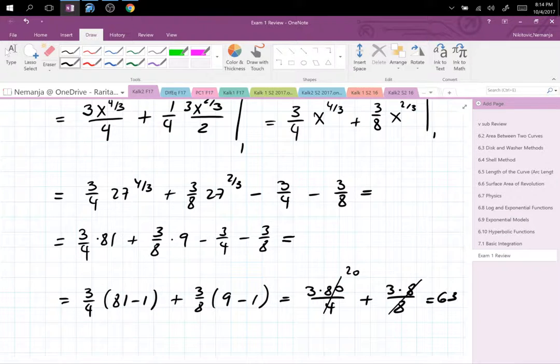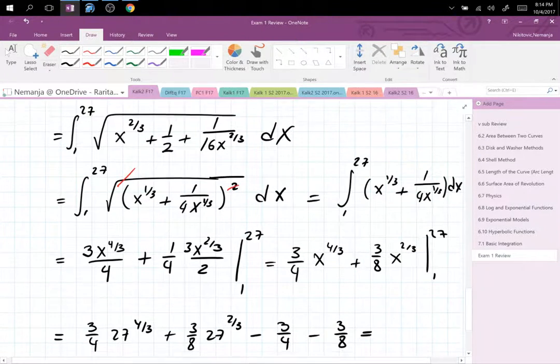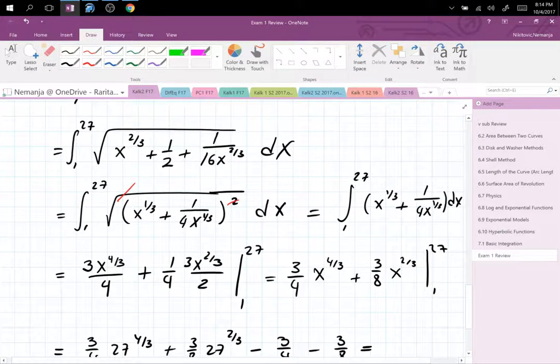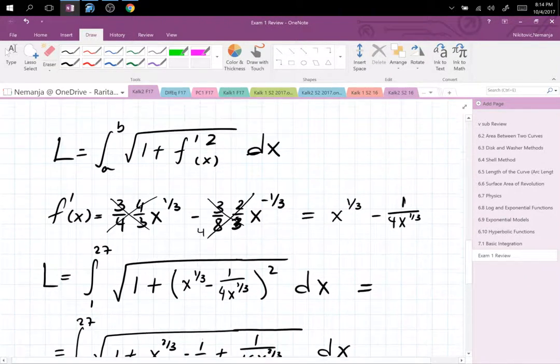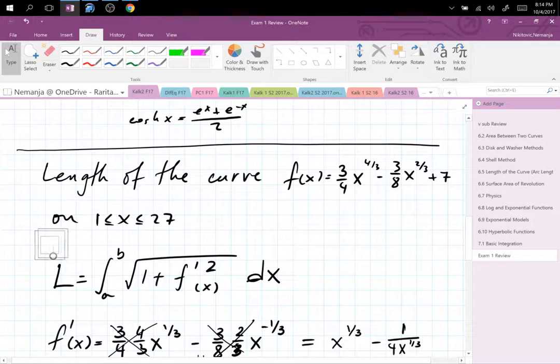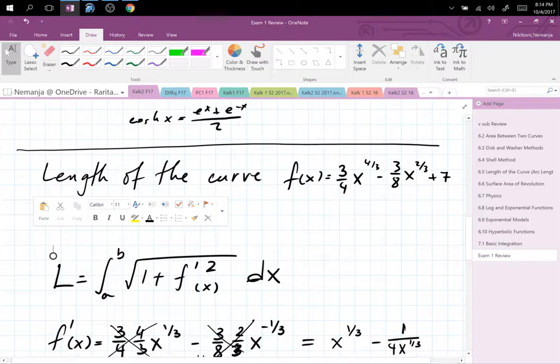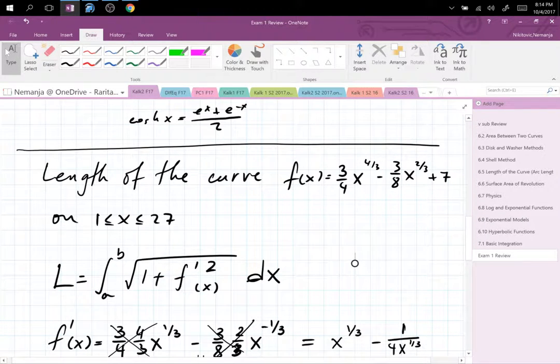Should I? Right now? I don't know how far. All the way? Oh, infinite question. There we go. Length of the curve for the function. There on the interval. Yes, it came from the MyMathLab. Study plan.